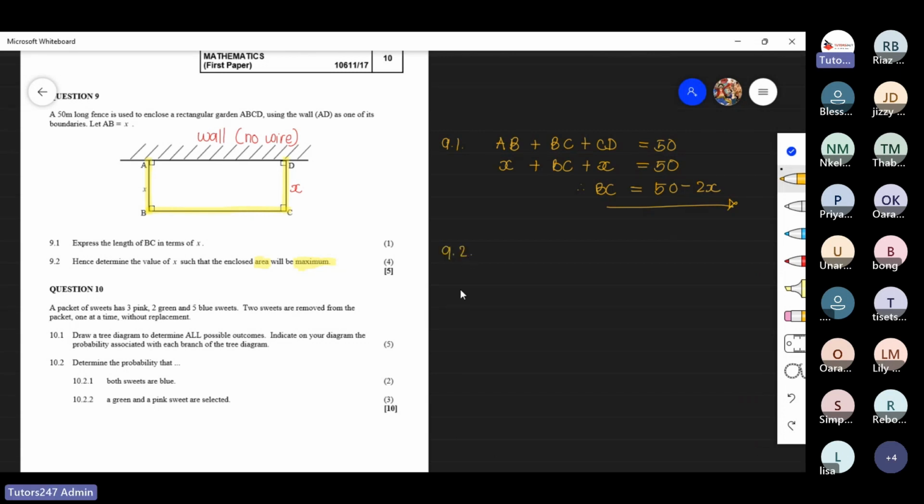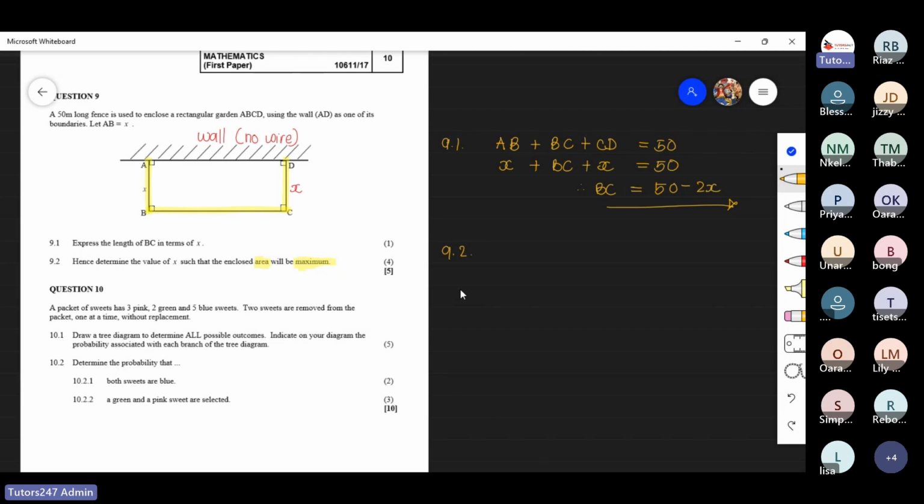Now, a question arises. How do we calculate the maximum when we don't have an equation? Are we going to use the equation of BC, or are we going to use some other equation? Which equation are we calculating? Now let's read that statement once more.